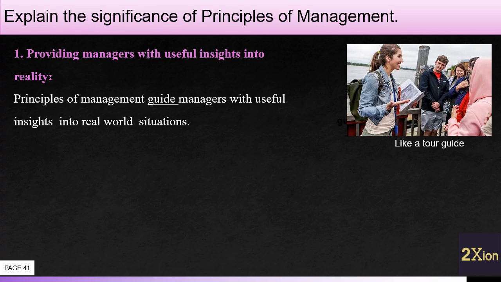So significance, what is the meaning of the word significance? का मतलब हुआ महत्व. So like a guide, हम सबने tour guide को देखा हुआ है. So like a guide, management principle guides managers to take right decision at the right time by providing their knowledge, ability, understanding of various managerial situations and circumstances. So principle of management एक guide की तरह है. Insight मतलब अंतर्दृष्टि. किस लिए चाहिए? असली दुनिया को समझने के लिए चाहिए.